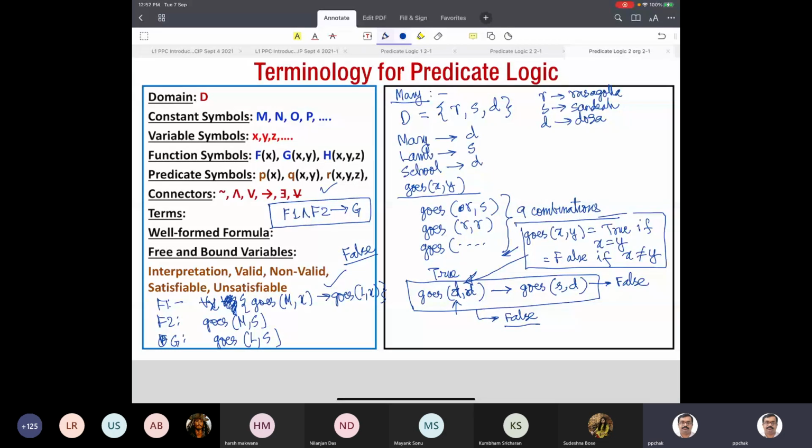How can it be true? Oh, sorry. So F1 is false, F2 is true or false? So true. And this one is false. But because it is like this, this formula becomes true.